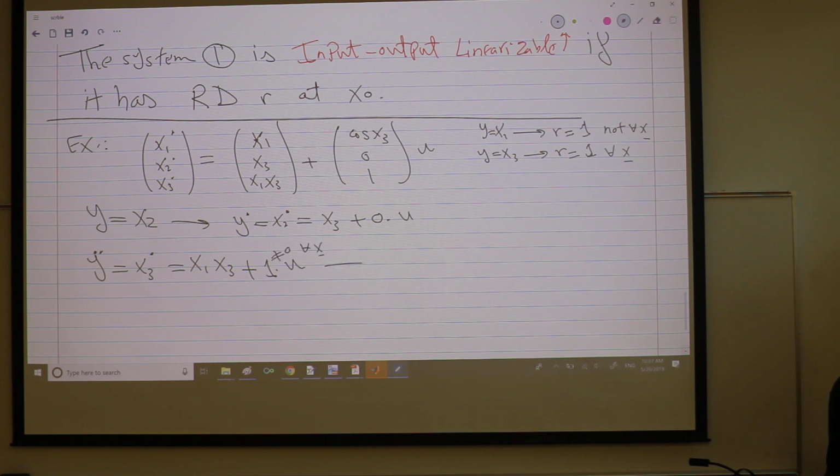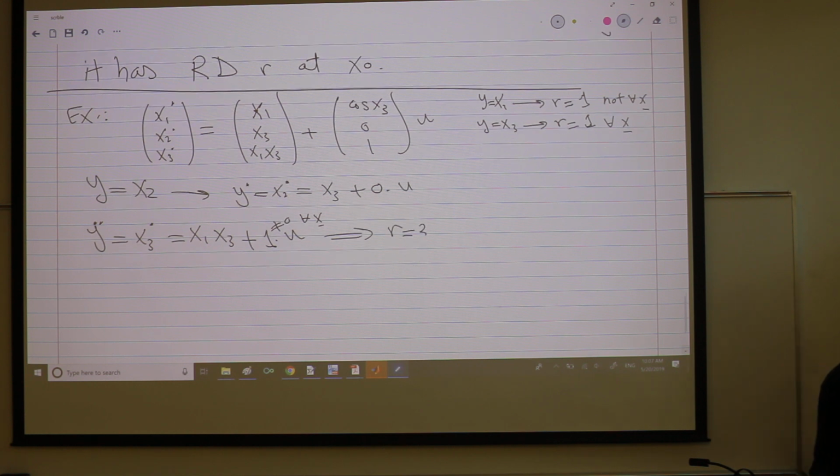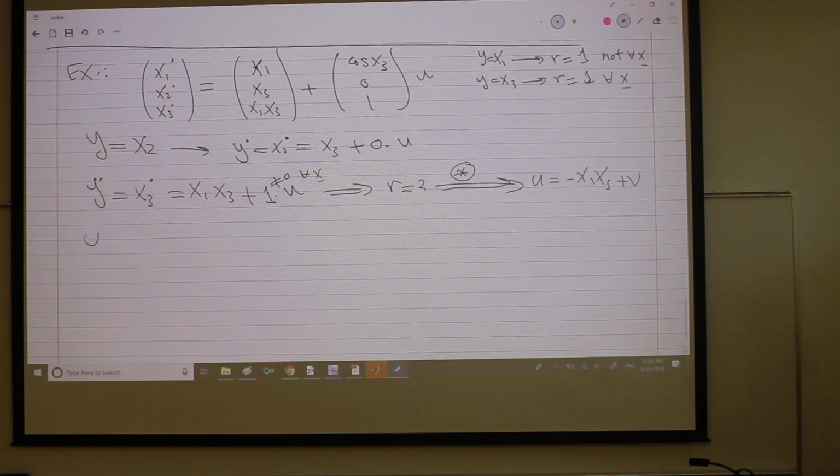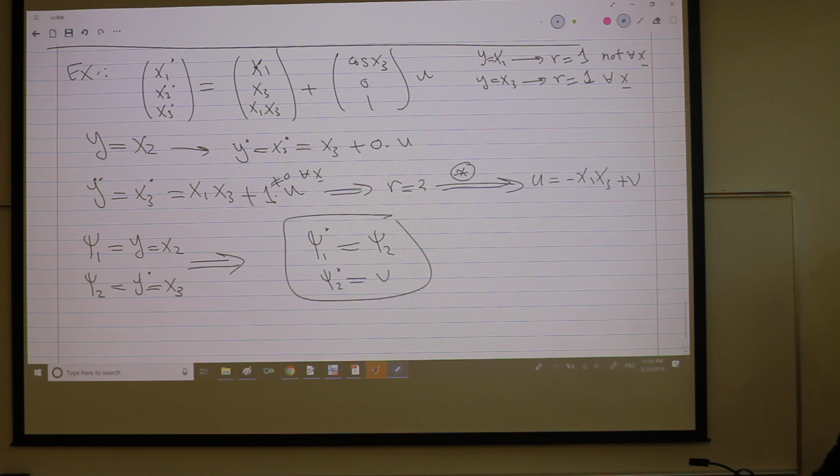So I have relative degree 2, luckily, and I can choose my u to cancel this nonlinear dynamics. In this case, I have my psi1 to be y, which is x2, my psi2 to be y dot, which is x3. So the dynamics in these psi's is just psi1 dot is psi2 and psi2 dot is v. That gives us the linear part of the system.